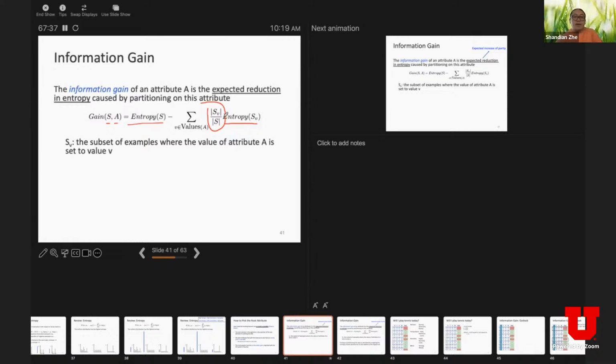So you can view it as a weighted average of the entropy of the subsets generated by A.